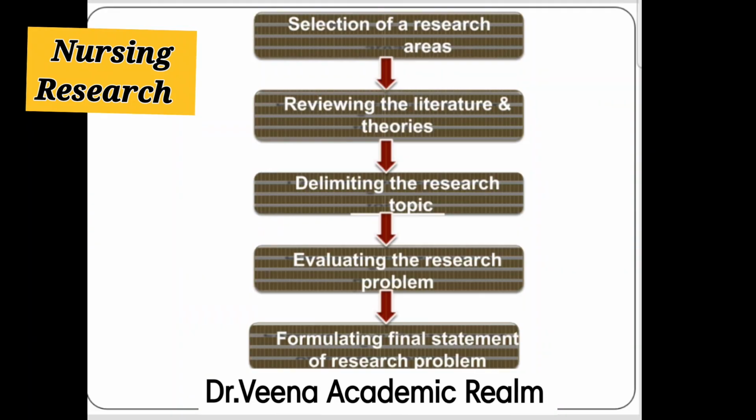Third is delimiting the area, where we want specification about the research area. Then we evaluate the research problem statement and the research area. And last, most important, is formulating the problem statement. We will see each step one by one.